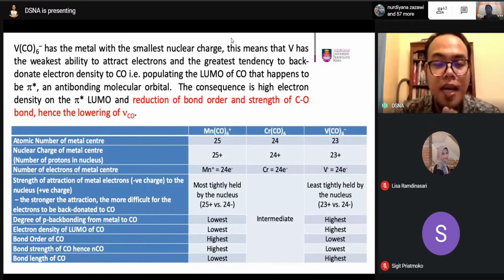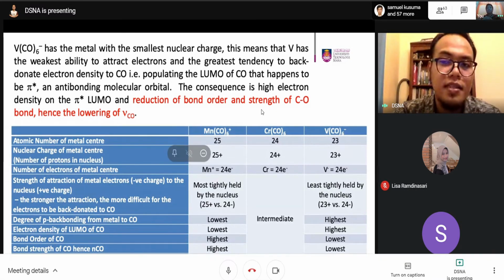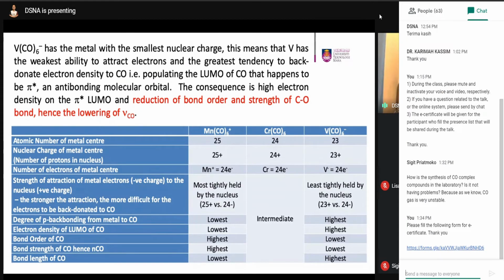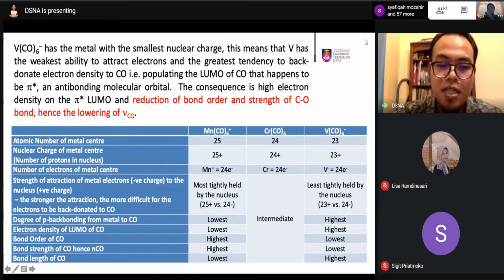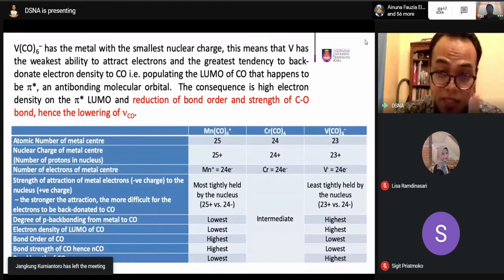And from the IR frequency, we can tell that the pi-back bonding is low when the frequency is high. So high frequency means the carbonyl strength is very high. So we need higher frequency because frequency and energy are directly proportional. So if the frequency in IR is high, it means the energy needed to vibrate the functional group is also high.